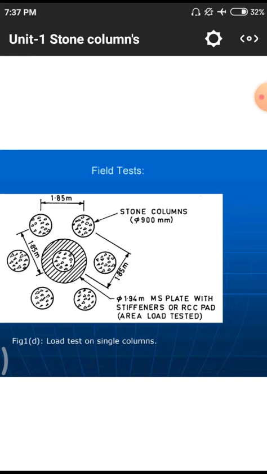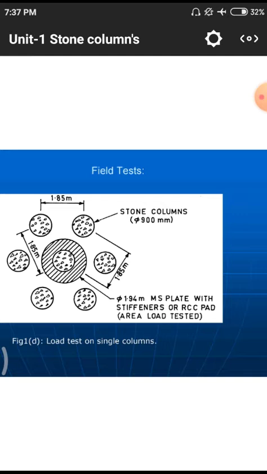Normally here we have a total of 7 columns. Of those, 6 columns are arranged around a single central column at a fixed distance. The distance is normally 1.85 meters from center to center.